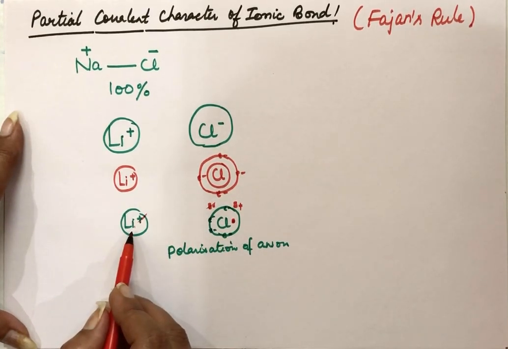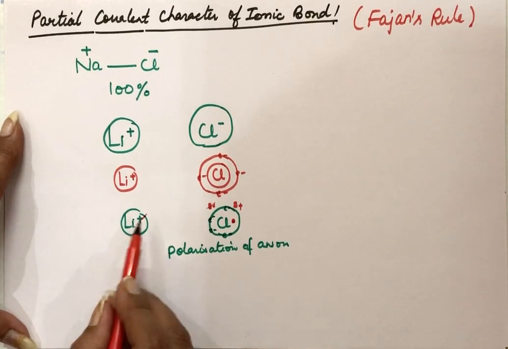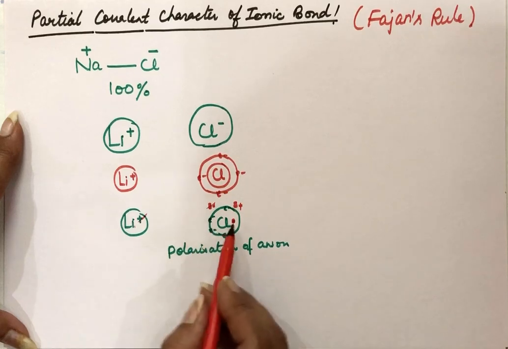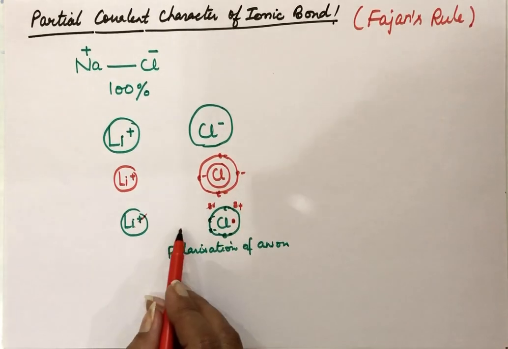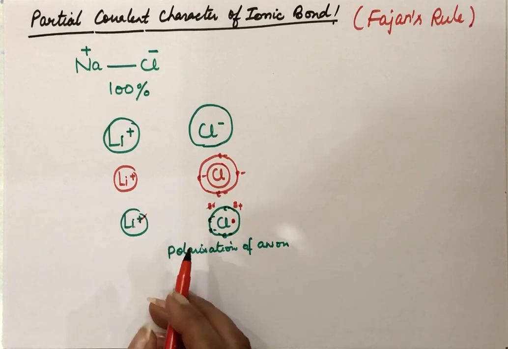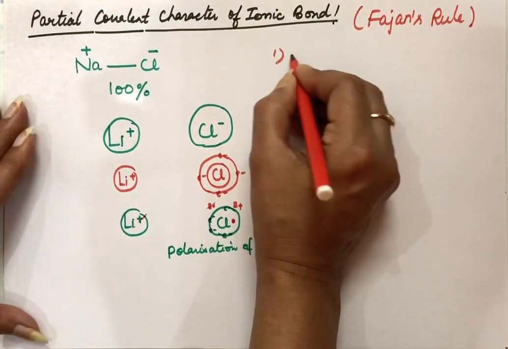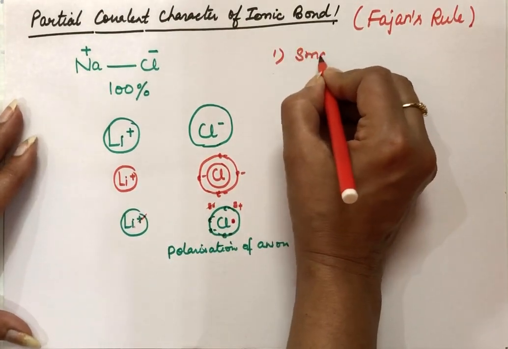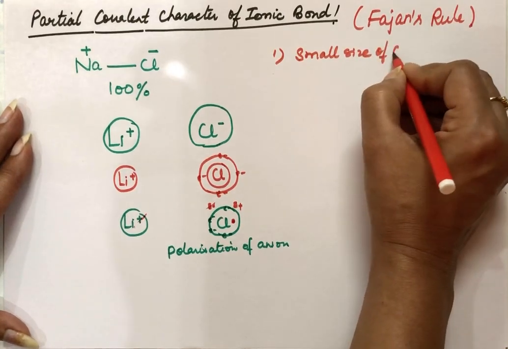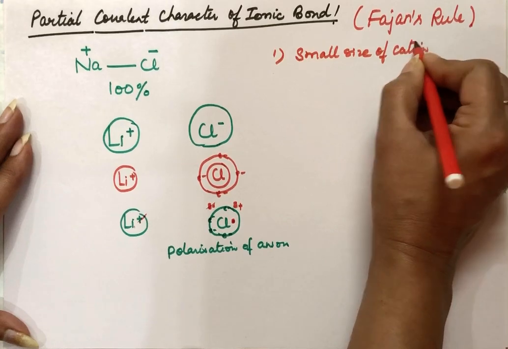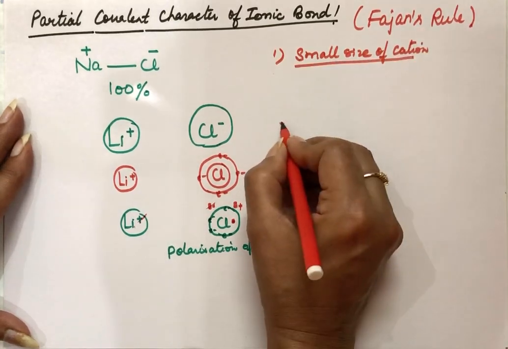The polarizing power of cation, we have to understand what is the meaning of the polarizing power of cation: how much it can polarize this anion. And the polarizability of this anion, that it is getting the separation of charges. And because of that, there is a formation of covalent bond. This is favored by some factors like small size of cation. Smaller is the size of cation, more is the polarizability of anion and more is covalent character.